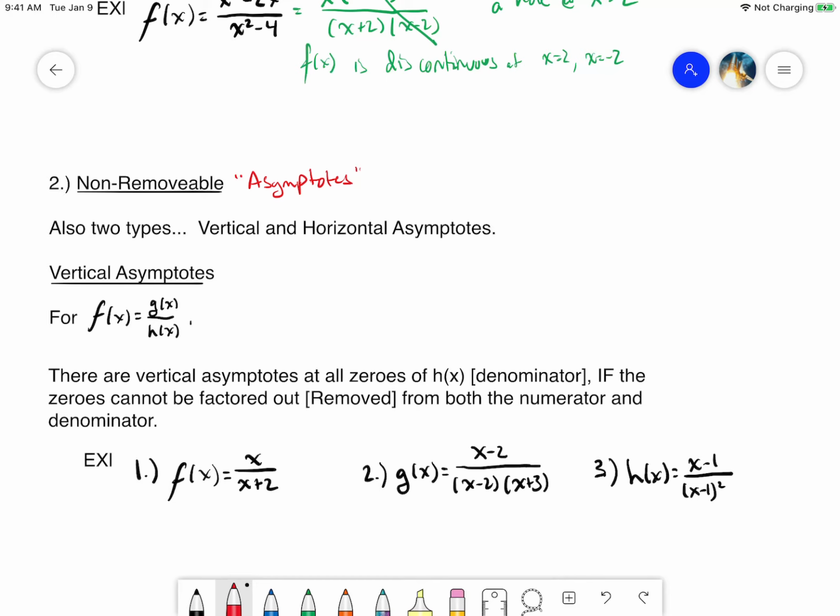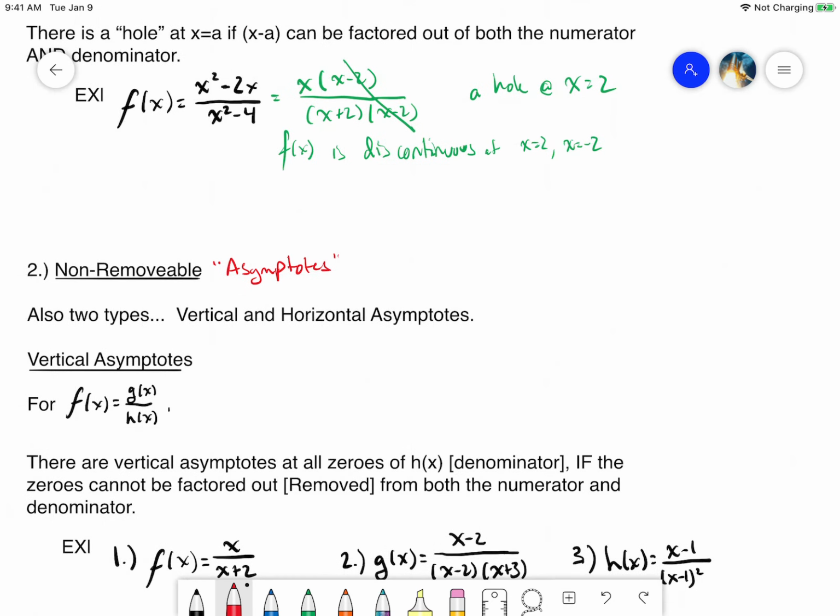We know there are vertical asymptotes at all zeros of h of x, the denominator, if the zeros cannot be factored out or removed from both the numerator and denominator. So in this example above, we couldn't remove x equals negative 2, so we actually had a vertical asymptote at x equals negative 2.